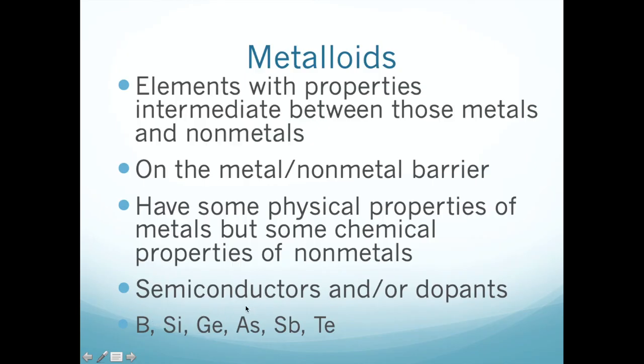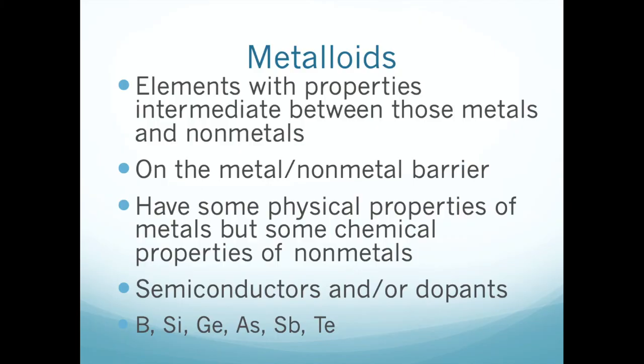Remember, metals are really good conductors of electricity. Nonmetals are insulators. They don't conduct electricity. So metalloids are in between. They conduct electricity, but only semi-effectively. They're not as good conductors as metals are, but they still conduct electricity.